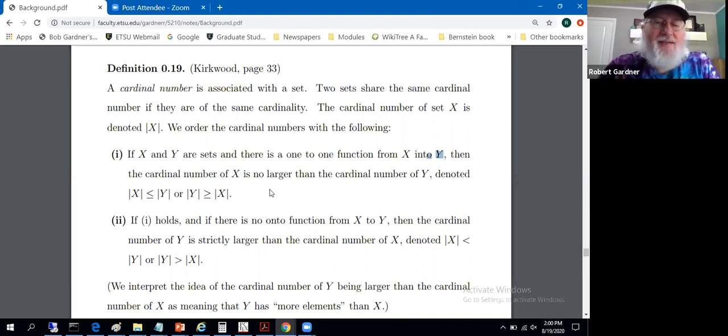So the idea is Y contains at least as many elements as X does, precisely what it says right there, the stuff about one-to-one functions.